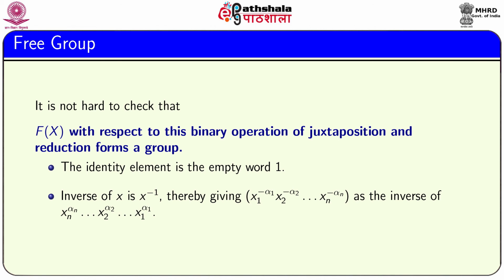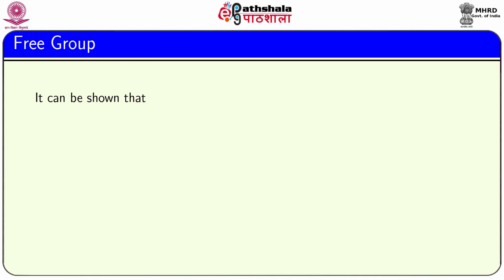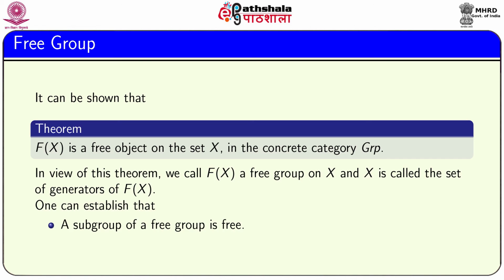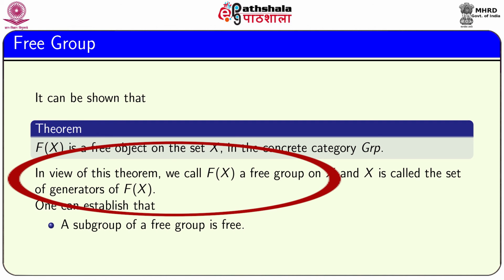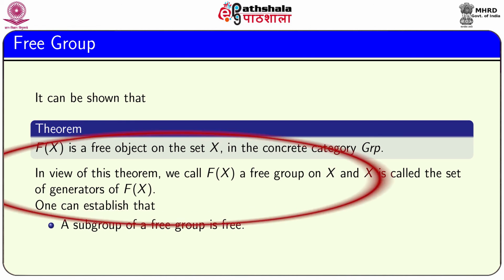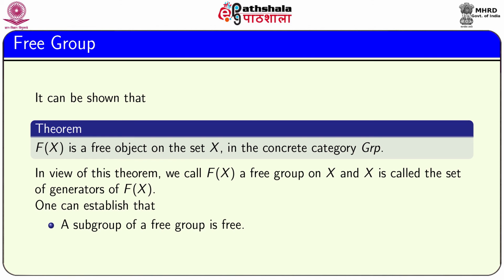Here the identity element is the empty word 1, the inverse of x is x inverse, and it can be shown that F(X) is a free object on the set X in the concrete category GRP. In view of this theorem, we call F(X) a free group on X, and X is called the set of generators of F(X).